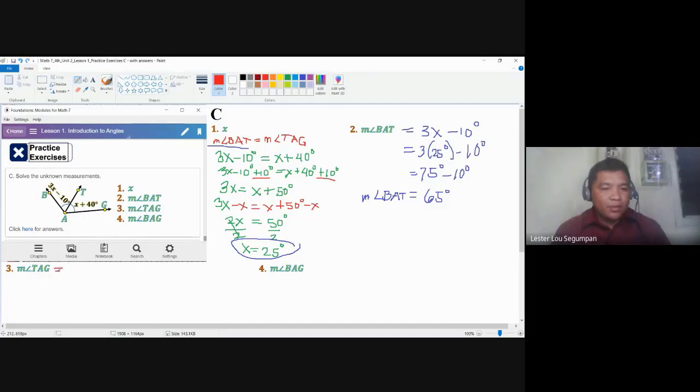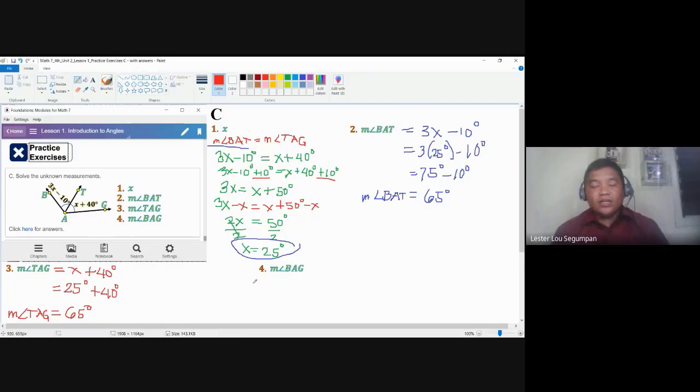So measurement of angle TAG is given to be x plus 40 degrees. The value for x is 25 degrees. So you have 25 degrees plus 40 degrees, which stands for 65 degrees. This is the measurement of angle TAG.